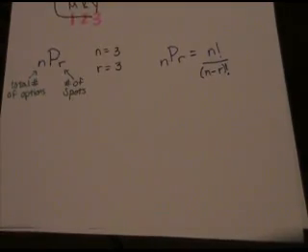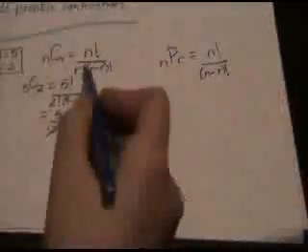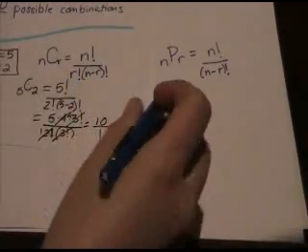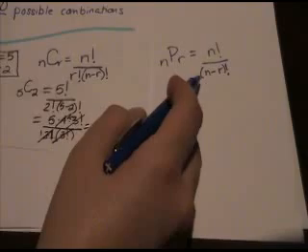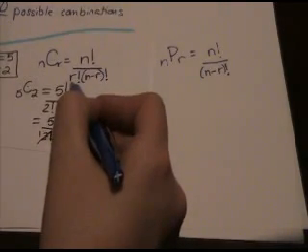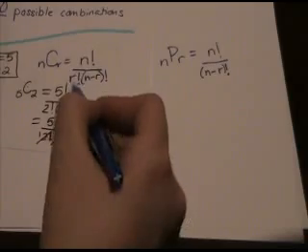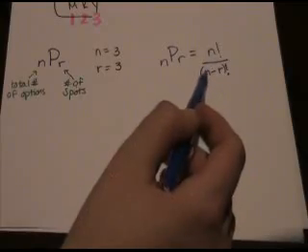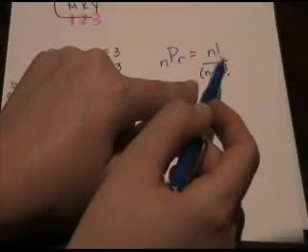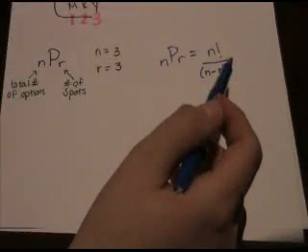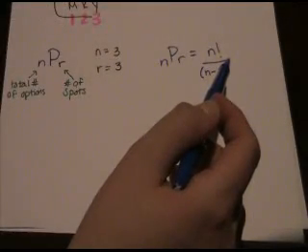On combinations, we had an extra r factorial in the denominator. We do not have that in the permutations formula. This is what takes out the repeats. This right here is what makes it so that order doesn't matter for combinations, and not having it in the permutations formula says that the order does matter. Because obviously we have the same 3 people over and over again up here.